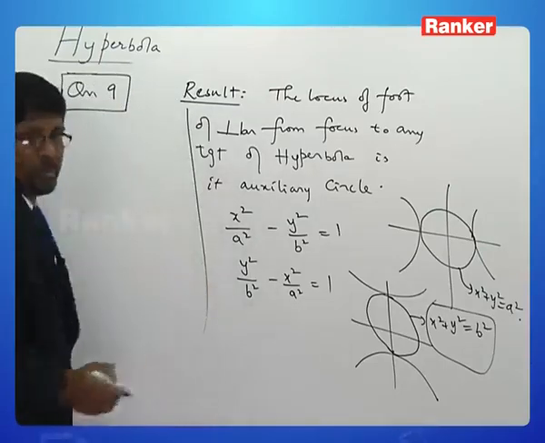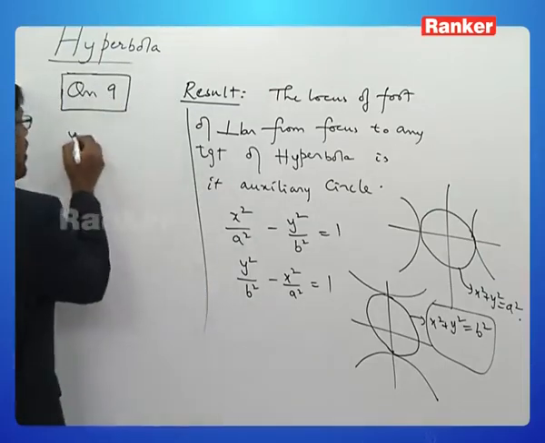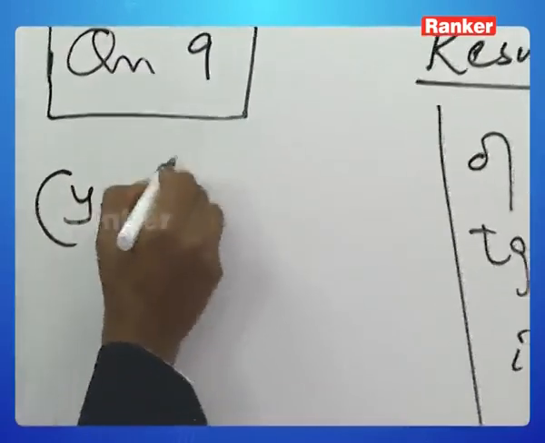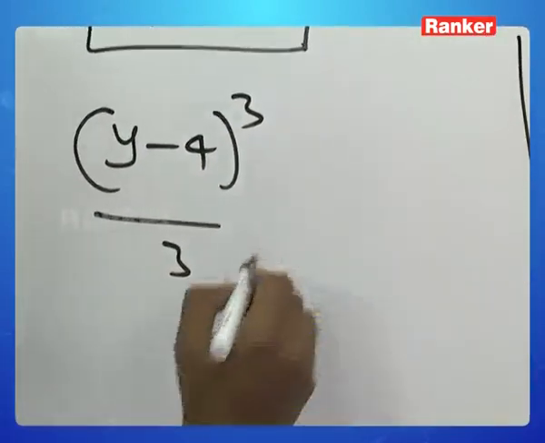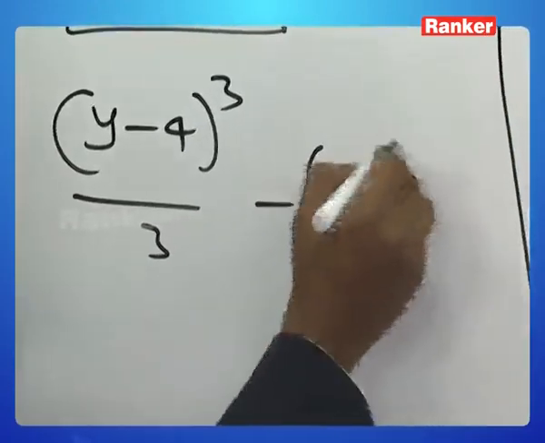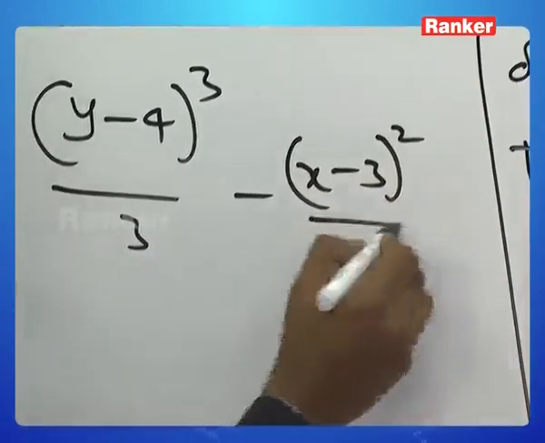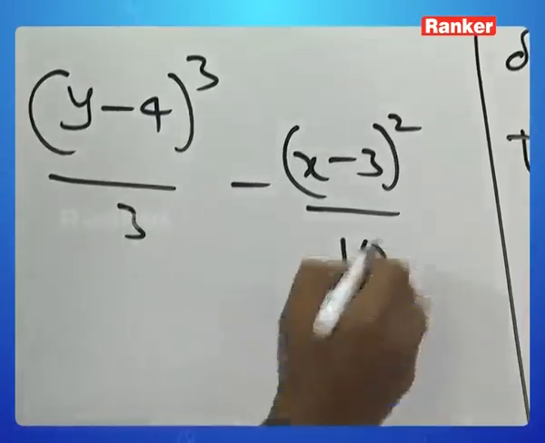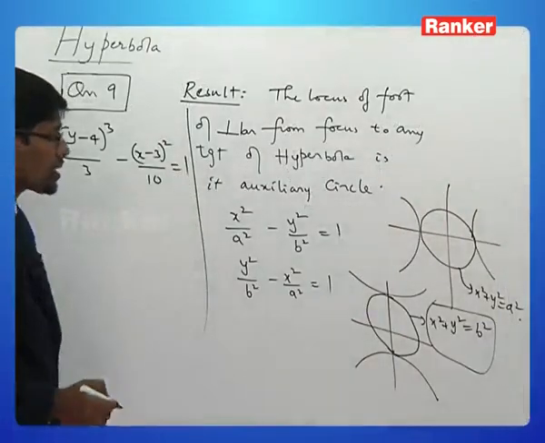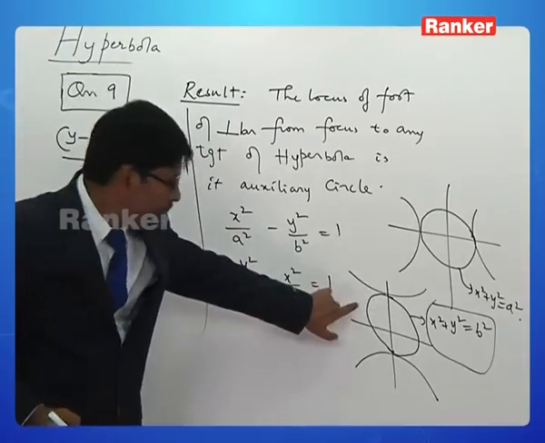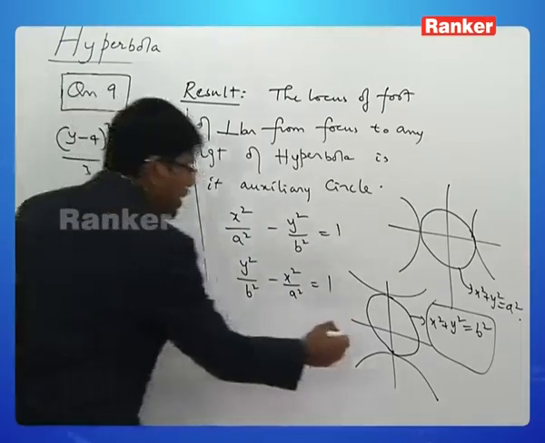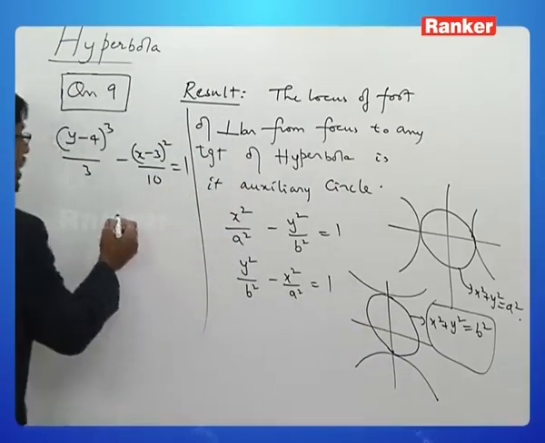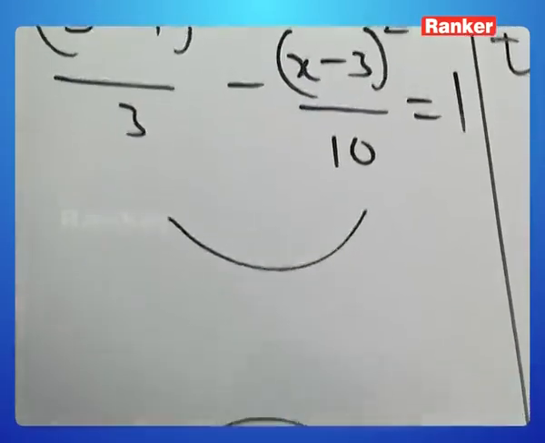Now coming back to the problem, it is given like this: (y minus 4) whole square by 3 minus (x minus 3) whole square by 10 is equal to 1. So clearly it is in this kind of a conjugate hyperbola form with the center as 3, 4.